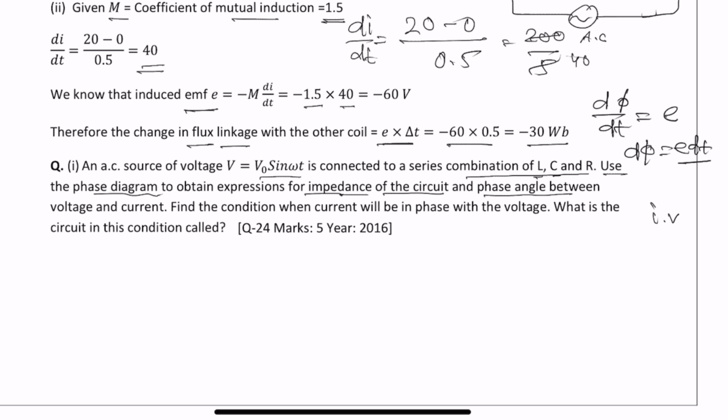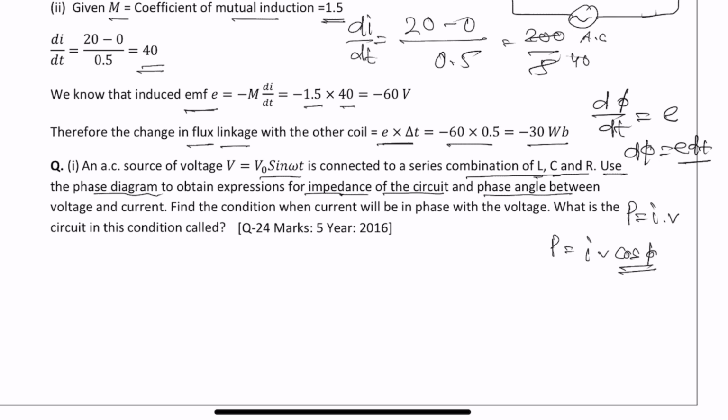But in an AC circuit, current and voltage are in different phase. That is why in a DC circuit power is equal to I into V, but in an AC circuit power is equal to I into V into cos of the angle between them. This is called power factor.